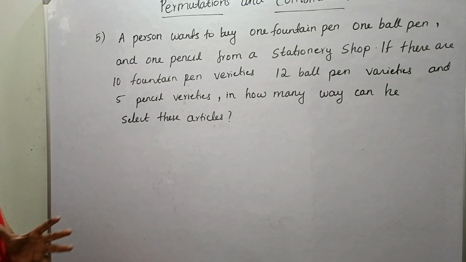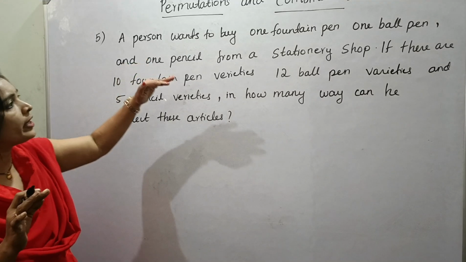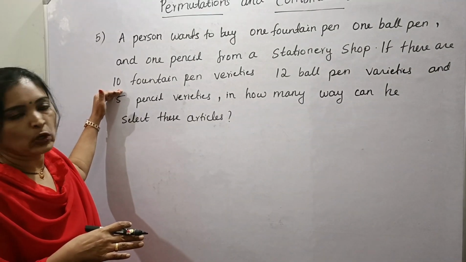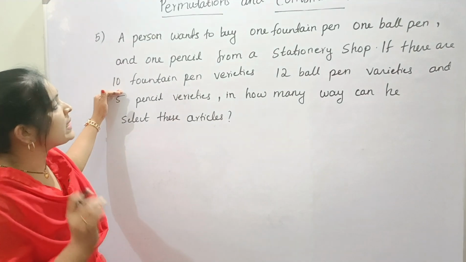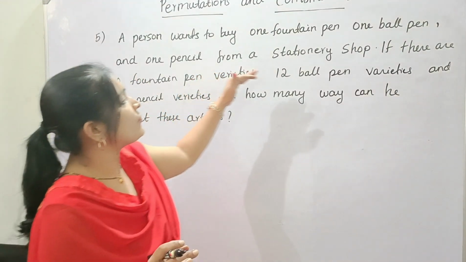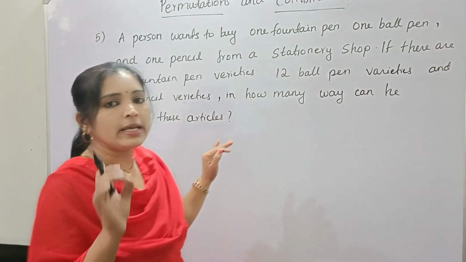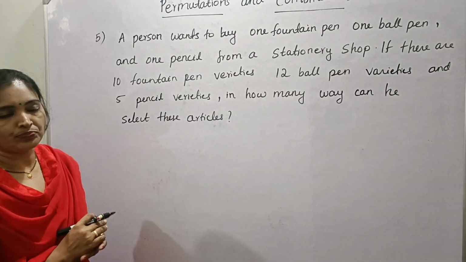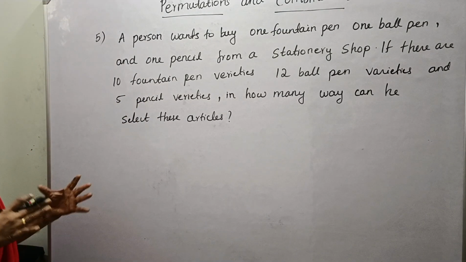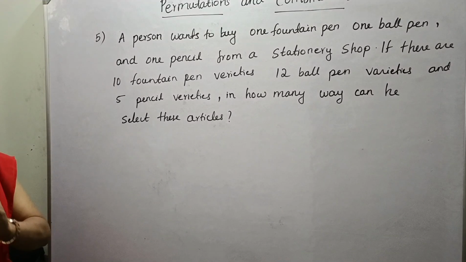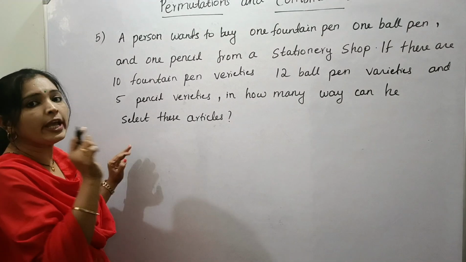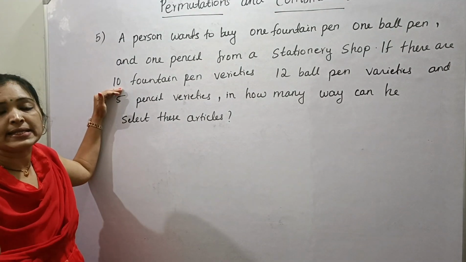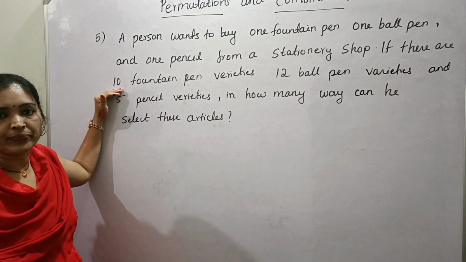See, here a person has to select a fountain pen out of 10 fountain pens, and he has to select a ball pen out of 12 ball pens, and he has to select a pencil out of 5 pencils. So here the number of ways to select a fountain pen out of 10 fountain pens is 10C1.